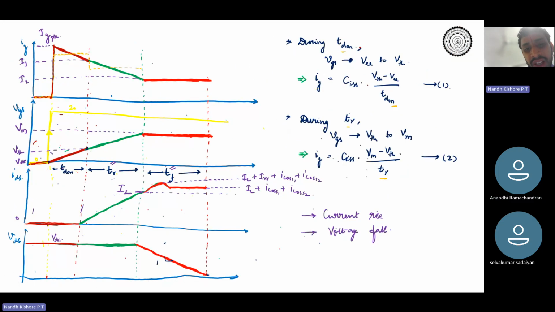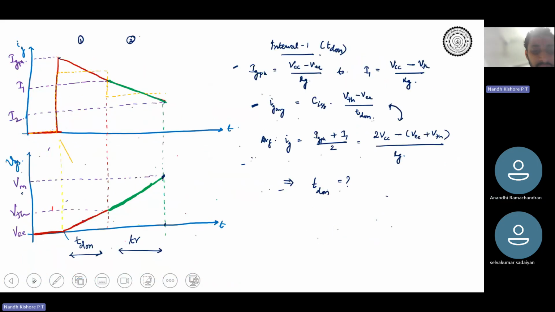Okay, constant gate voltage and constant gate current, assuming that the voltage fall is linear. Okay, dV by dt is constant. So CGD into dVGD by dt, and the gate source voltage is V Miller, therefore VCC minus V Miller by RG. Equate these two.